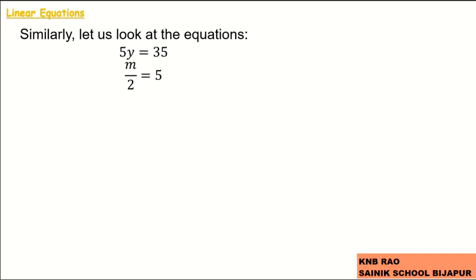Here, if I want to take away the number and have only the variable on one side, what I will do is the reverse operation. Here 5 into y equals 35, that means I will do the reverse of multiplication, division. So division is to be done.